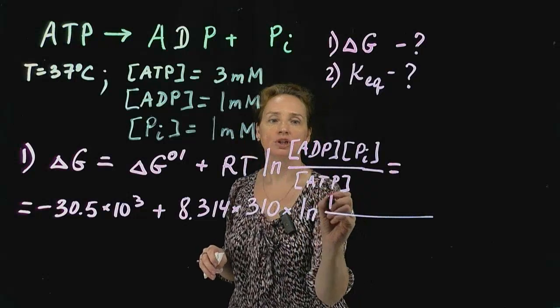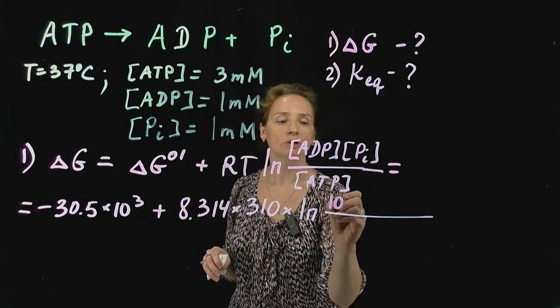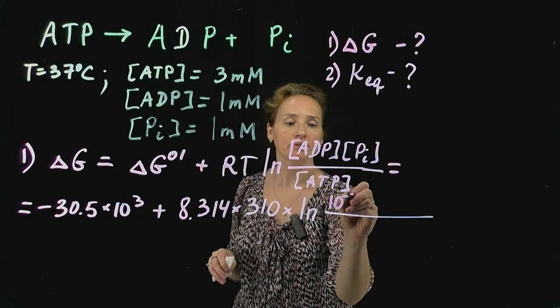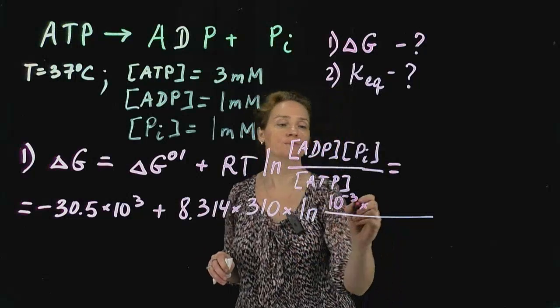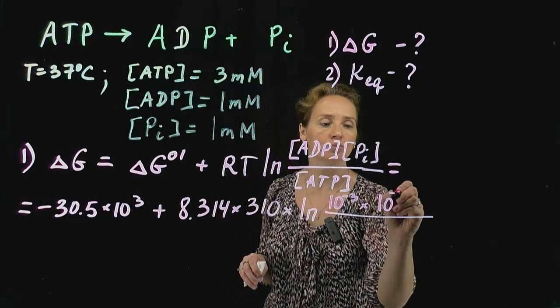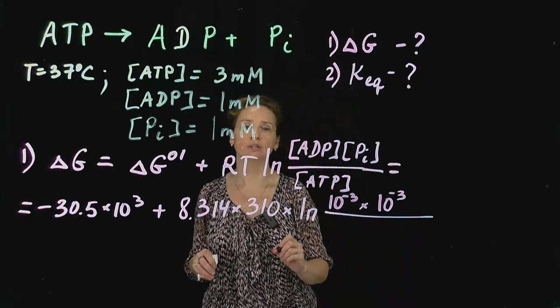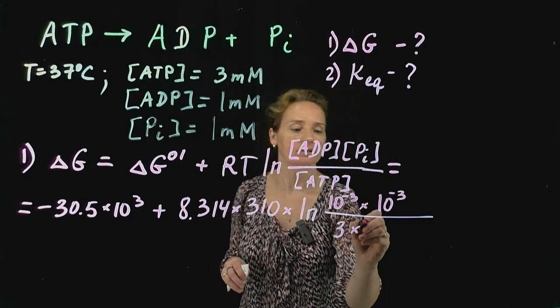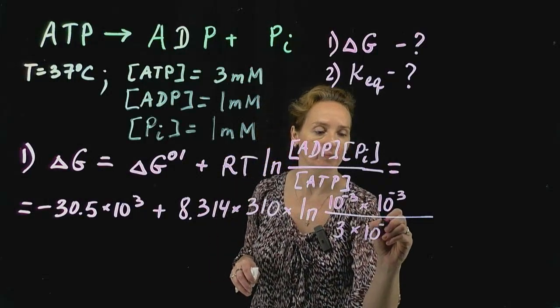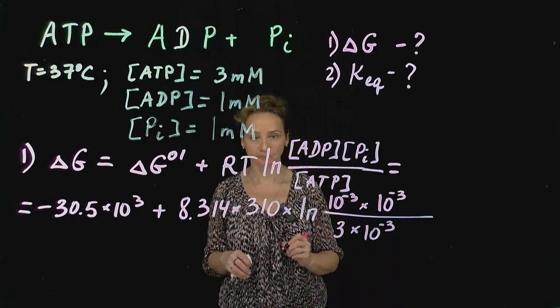So the concentration of ADP in molar will be equal to 10 to the minus third. The concentration of inorganic phosphate in molar is going to be equal to 10 to the minus third. And the concentration of ATP will be equal to 3 times 10 to the minus third.